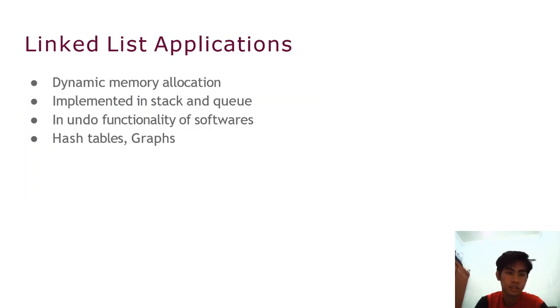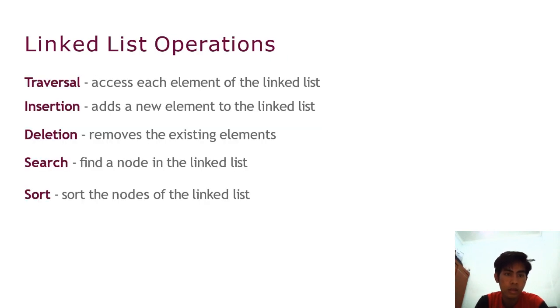Linked list applications: dynamic memory allocation, implementation of stack and queue, undo functionality of software, and hash tables, graphs. Linked list operations: traversal, access each element of the linked list; insertion, add a new element to the linked list; deletion, remove an existing element; search, find a node in the linked list; sort, sort the nodes of the linked list.